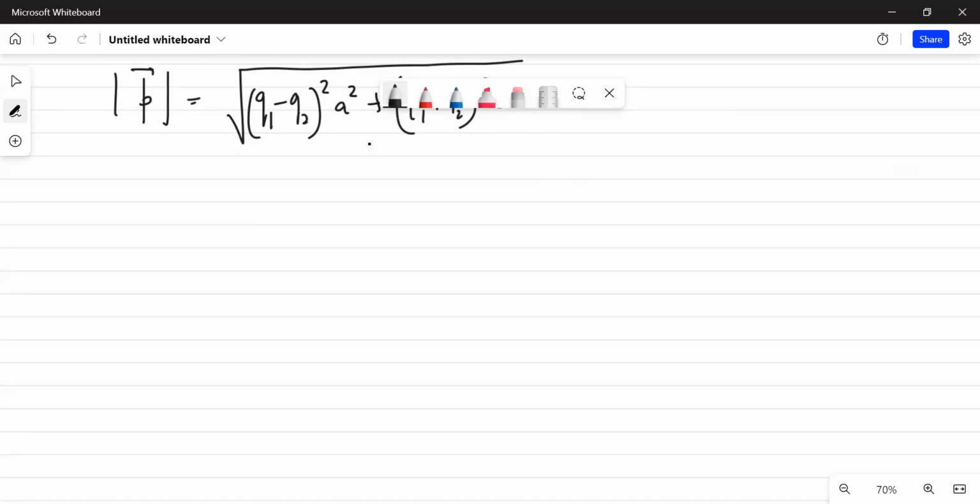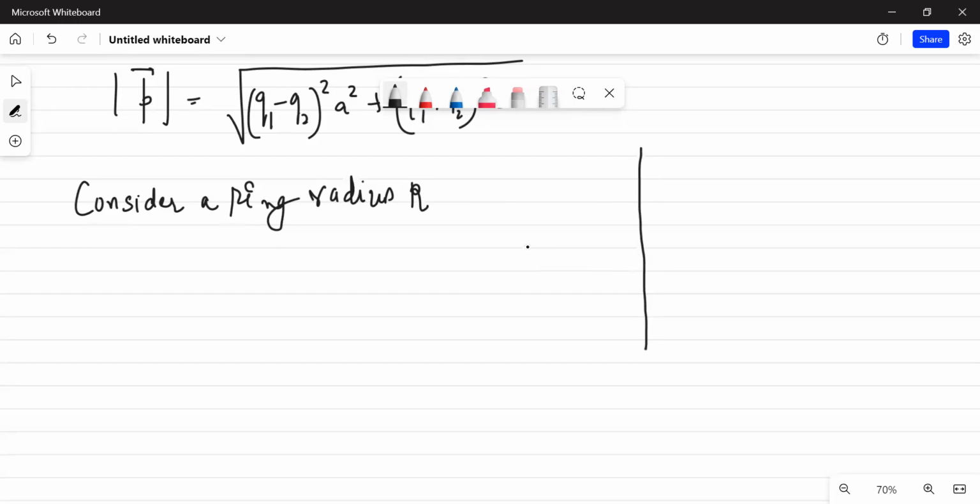Let us consider a ring of radius r, as shown.